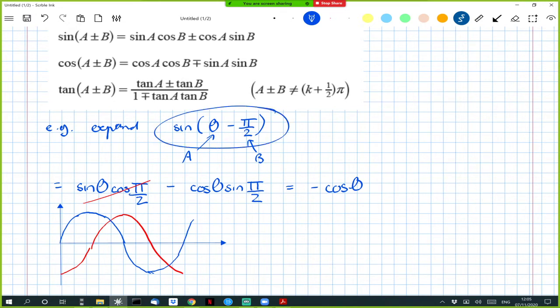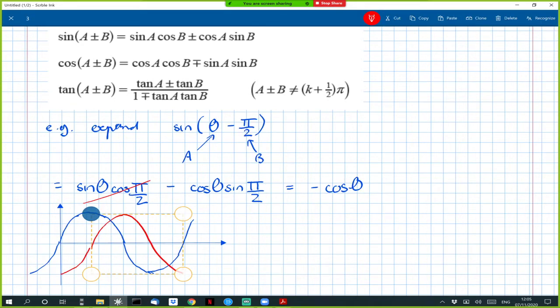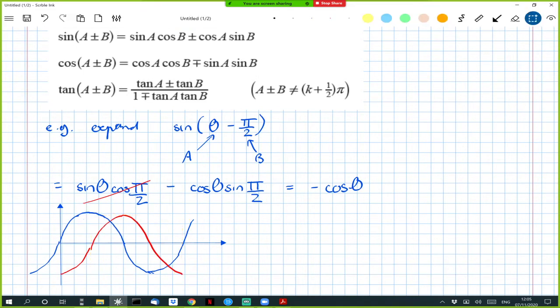And this graph here, we'll continue it a bit down there as well. So this graph here would be sine theta translated pi over 2 to the right. So if we translate each section of this pi over 2 to the right, we see that we translate it that way. So actually, this bit's going to end up on there, this bit's going to end up on there.